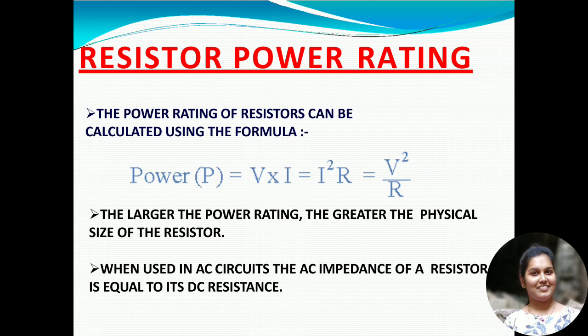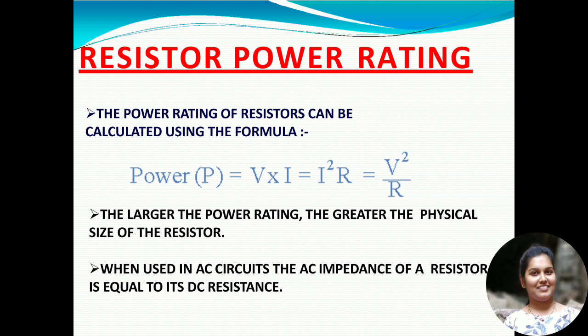So the size of the resistor depends on its power rating. When used in any AC circuits, the AC impedance of the resistor is equivalent to its DC resistance. These are the basic points to be kept in mind when dealing with resistors.